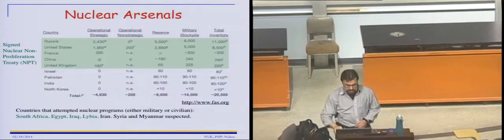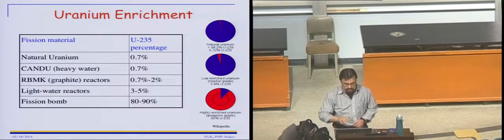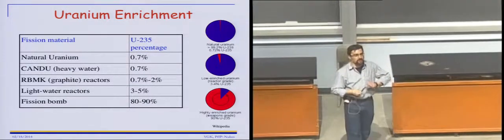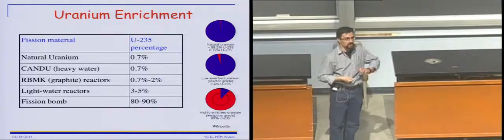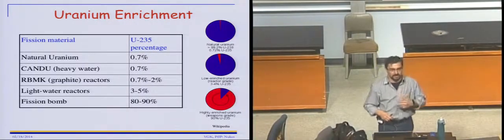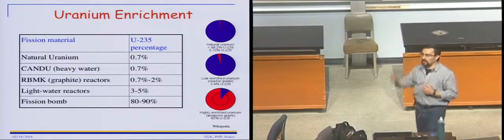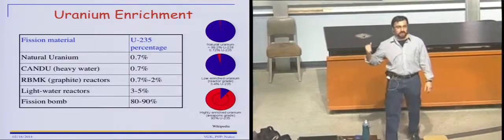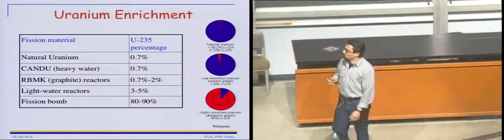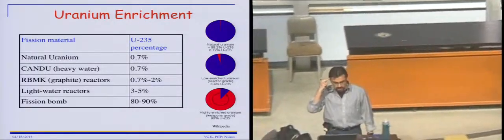So these tables list the current arsenals. Of course, we've discussed the fact that nuclear weapons are not that easy to build for a third world country, and that's perhaps a good thing. At least 5 countries have developed large arsenals. They're all large-size industrial countries, and there are 2 reasons for that.